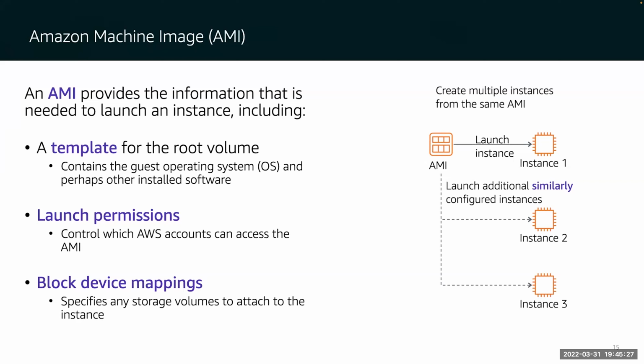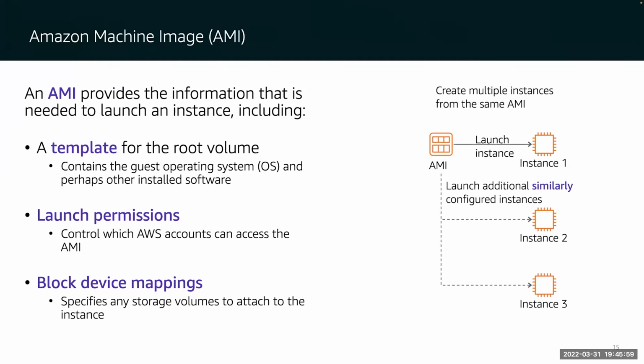The launch permissions control which AWS account can use the AMI to launch instances, and they also enable you to make the AMI available to the public. The block device mapping specifies additional storage volumes, if any, that you need to attach to the instance when it is launched. You can also launch multiple instances from a single AMI when you need multiple instances that have the same configuration.